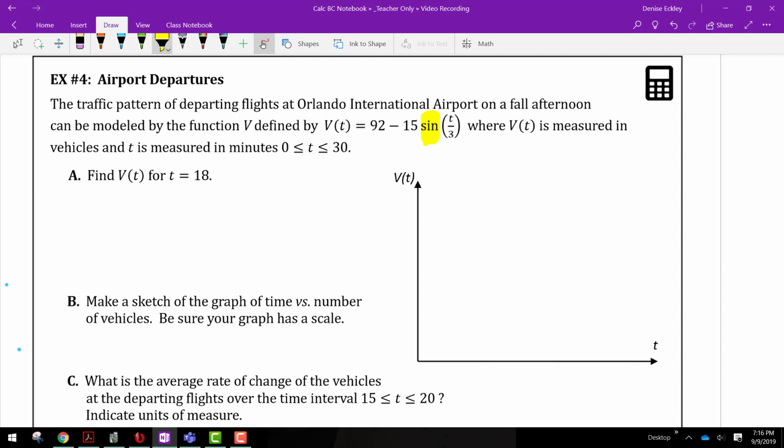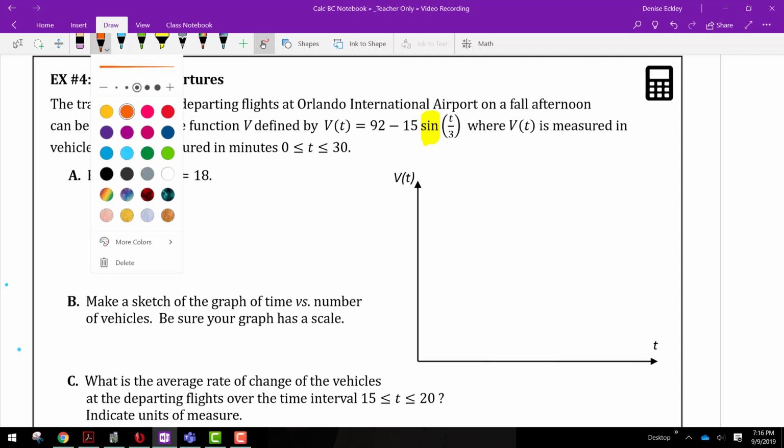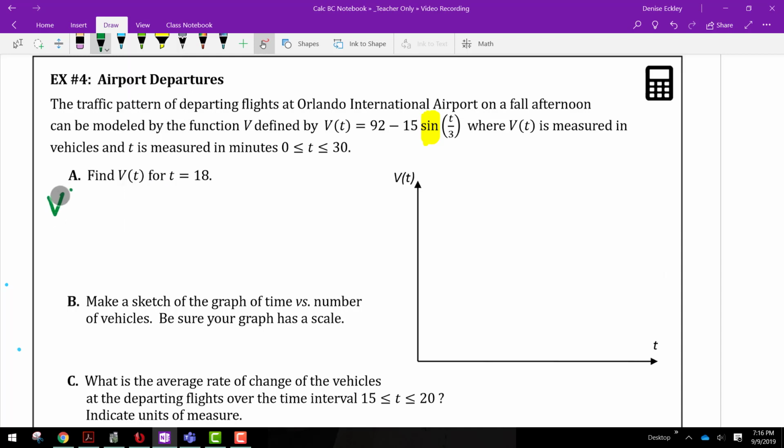Okay, so the first thing we want to do is find V of 18. So in order to do that, we're just going to substitute 18 in, and we get V of 18 is going to equal 92 minus 15 sine of 18 over 3.